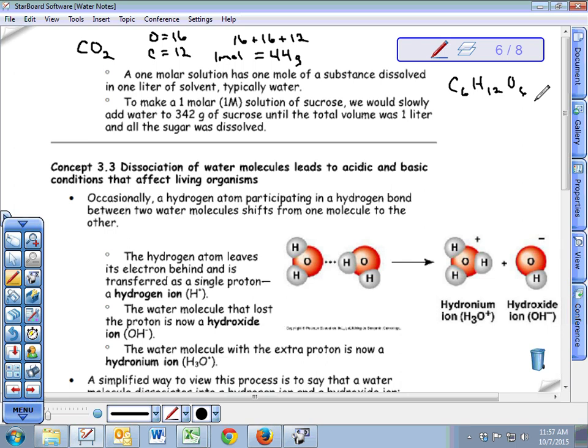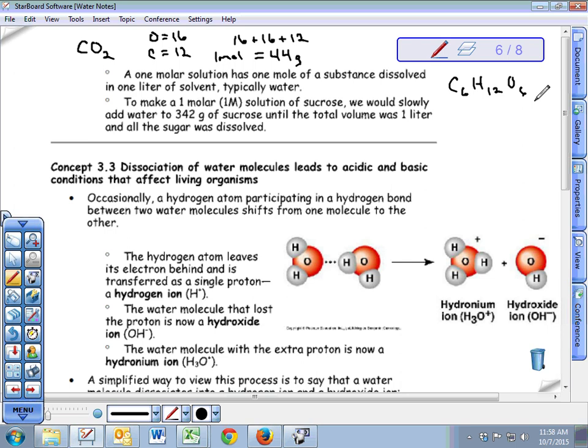It's just a way of saying how concentrated this is in terms of the number of molecules. So 1 molar sucrose and 1 molar salt solution. A mole is the number of molecules.